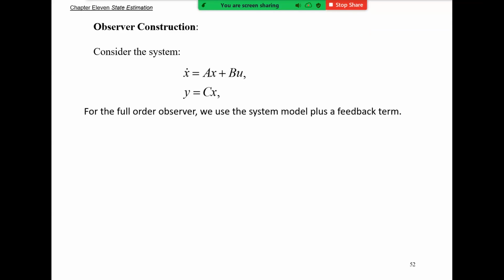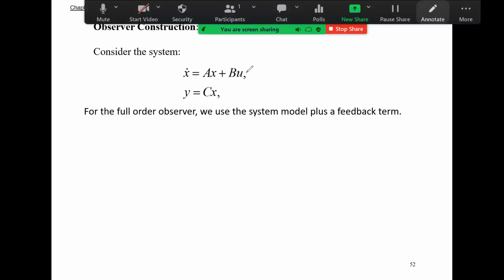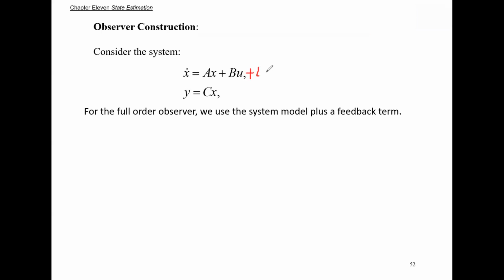For that observer, we used the original equation, just plus an extra term. We construct the observer in this way, and then we say, okay, we can design L to make A minus LC stable.